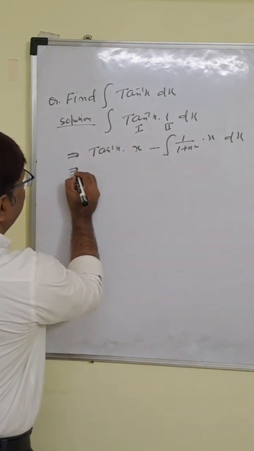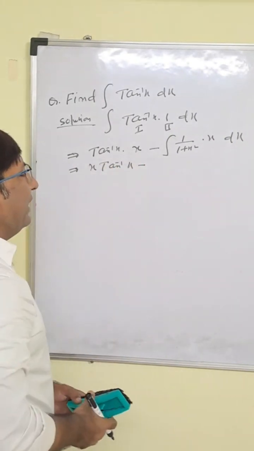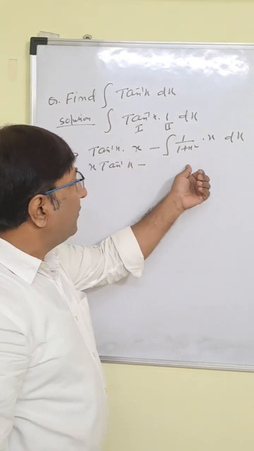Now we can write simply x tan inverse x minus integration of x upon 1 plus x square.